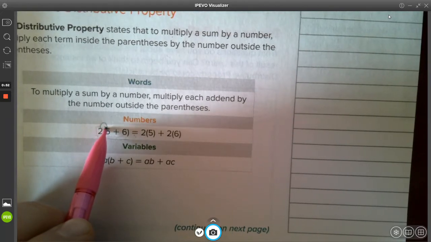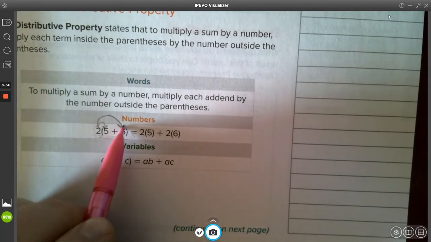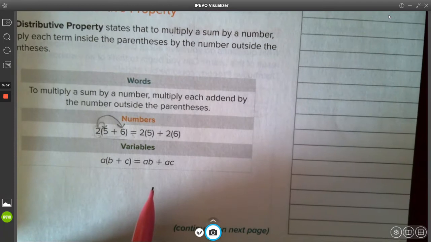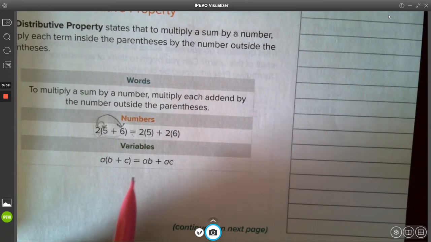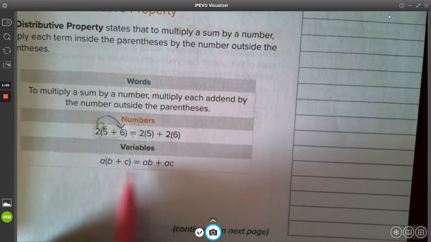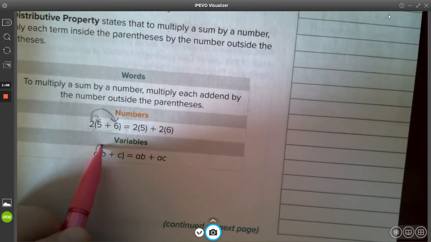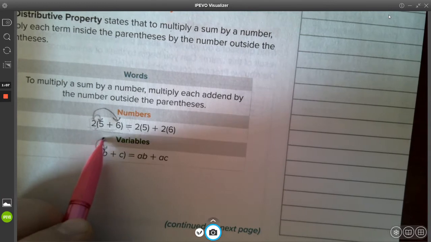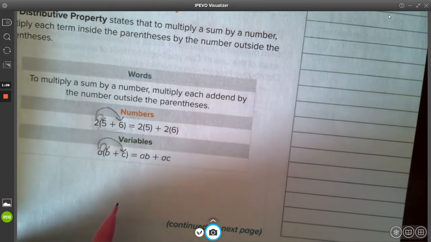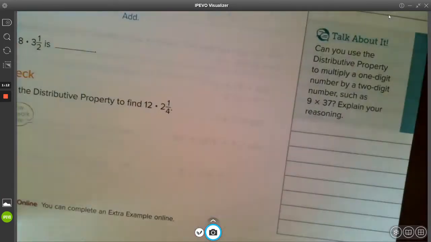You distribute the 2 into both terms inside the parentheses. If we represented it with variables, it would mean the exact same thing. We distribute whatever is outside into both terms inside.